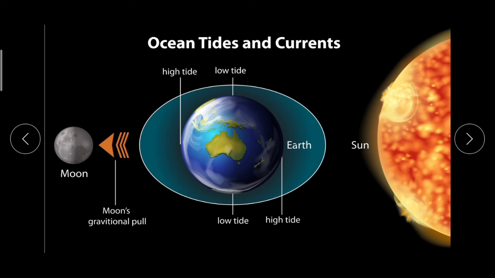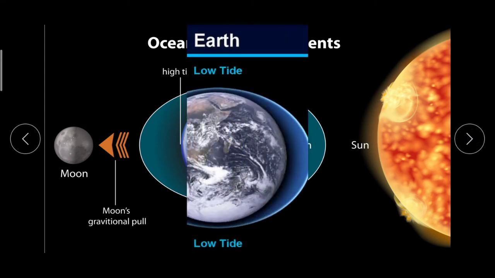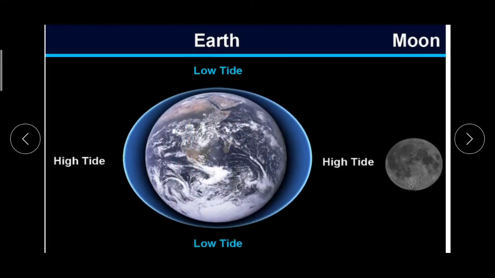A place on the earth located at the opposite point of the place experiencing high or low tide also experiences high or low tide respectively at the same time. And this is because of the centrifugal force.